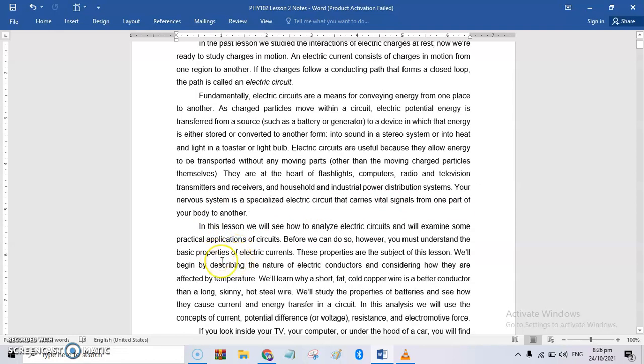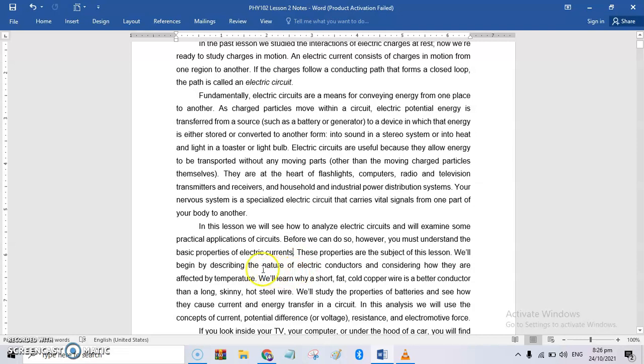In this lesson, we will see how to analyze electric circuits and examine some practical applications of circuits. Before we can do so, however, you must understand the basic properties of electric currents, and these properties are the subjects of this lesson.